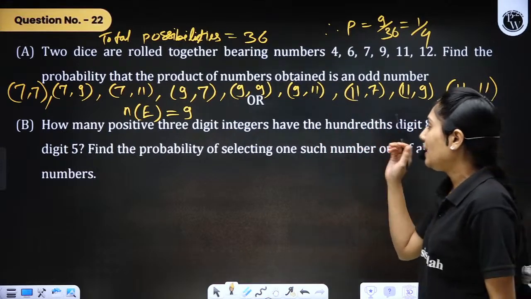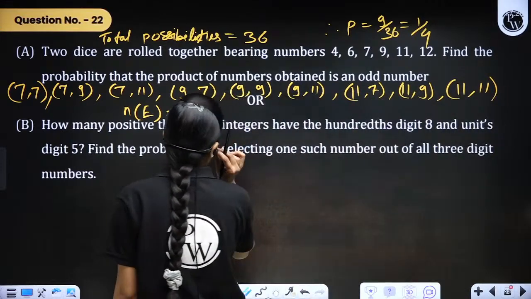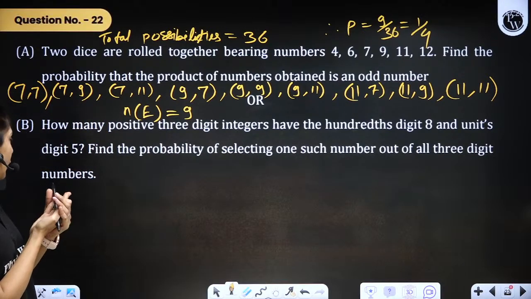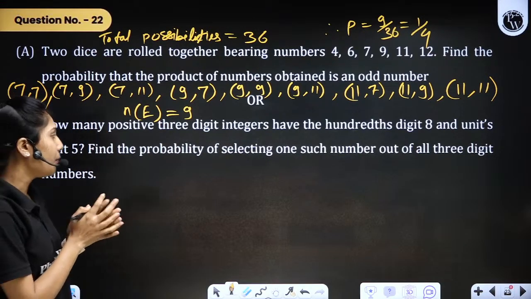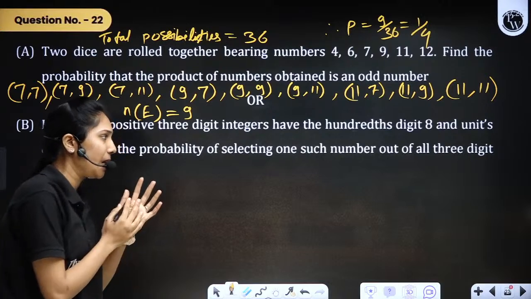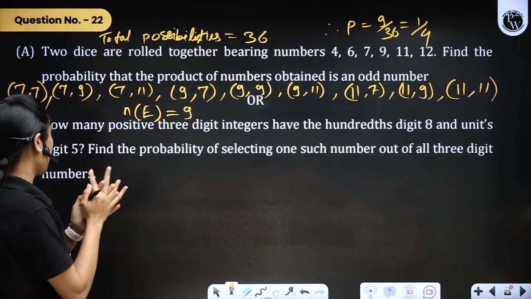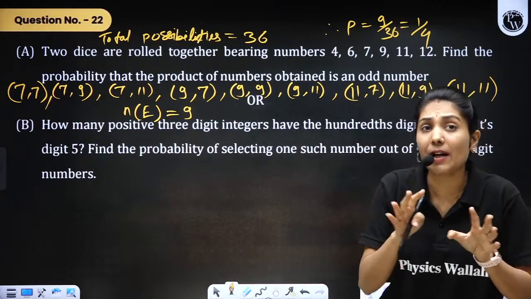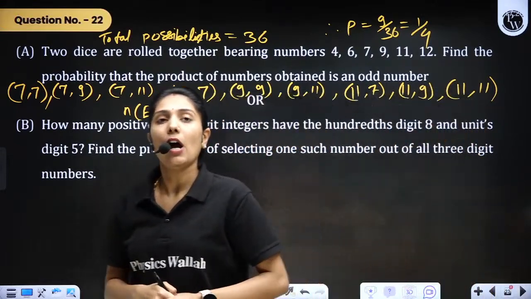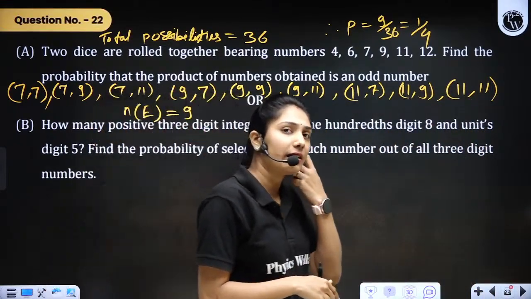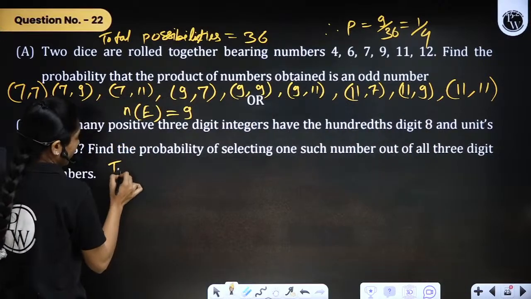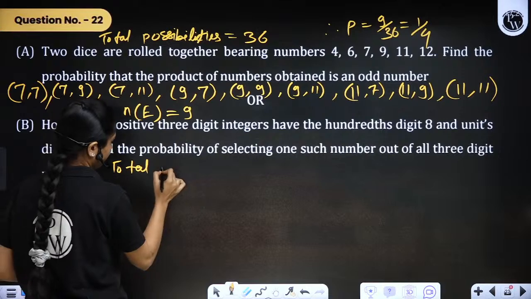Next, how many positive 3-digit integers have the 100th digit as 8 and unit digit as 5? Find the probability of selecting one such number out of all 3-digit numbers. So tell me, how many 3-digit numbers are there in total?